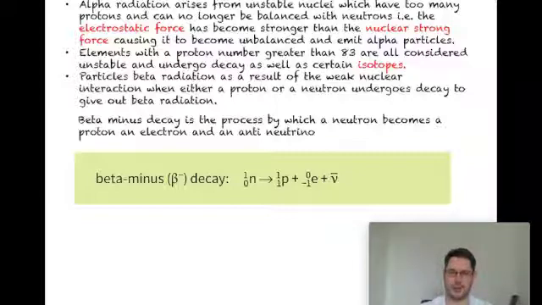So a neutron can change into a proton, but then it's missing half of its balanced charge, right? So in order to balance that, it needs to give out an electron.